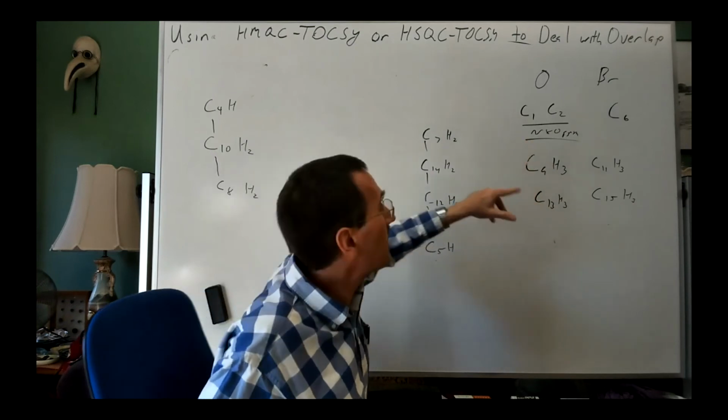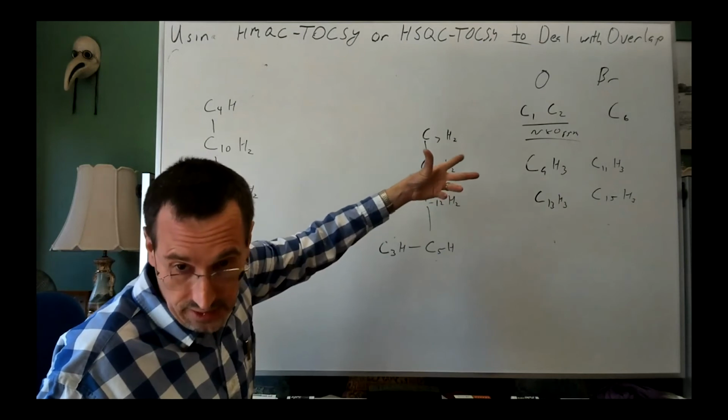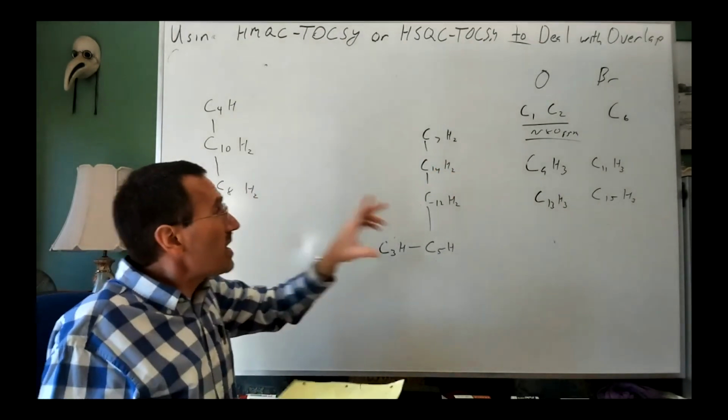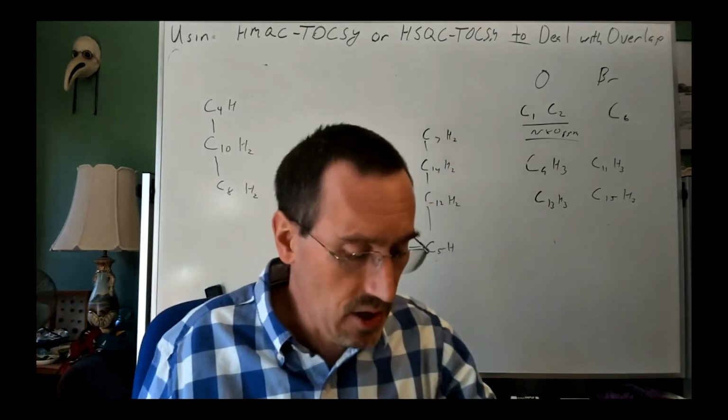So they have to be connected to our quat carbons because they have no J coupling. They're all singlets. So they have to be connected to these C1, C2, and C6 carbons.